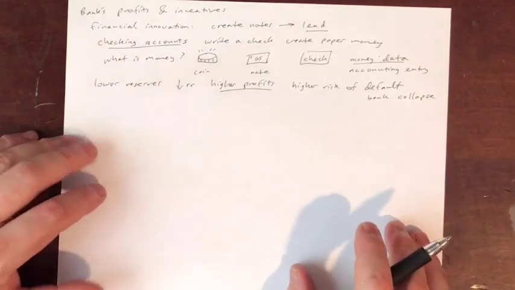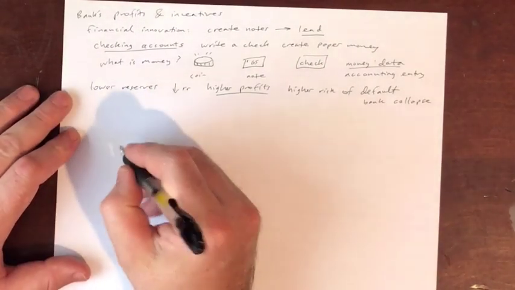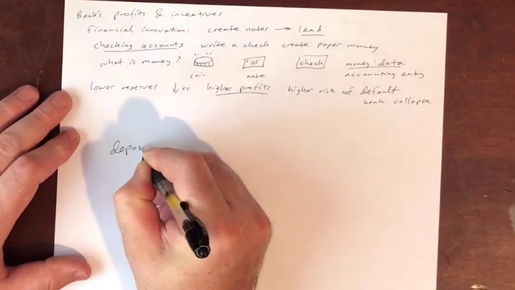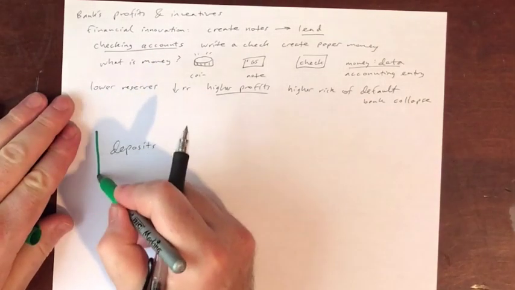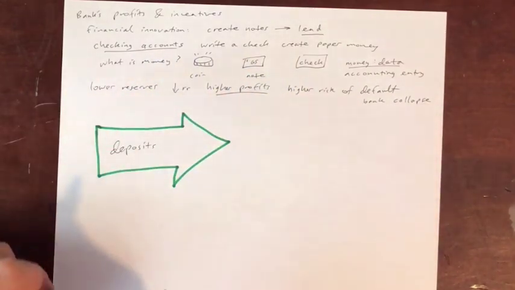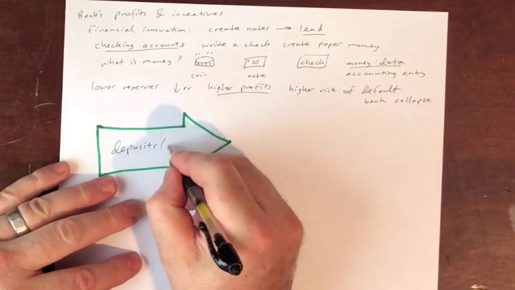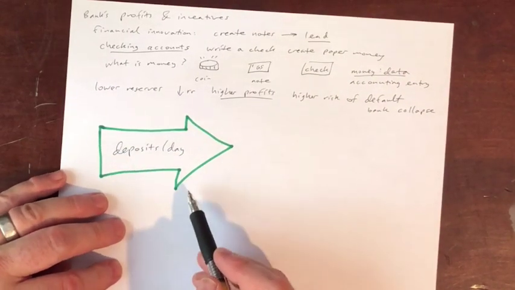Okay, so let's visualize what's going on from the perspective of the bank. On any given day, they have this happening. Deposits are entering the bank. Let's say this represents the deposits per day, a stream of income entering the bank.